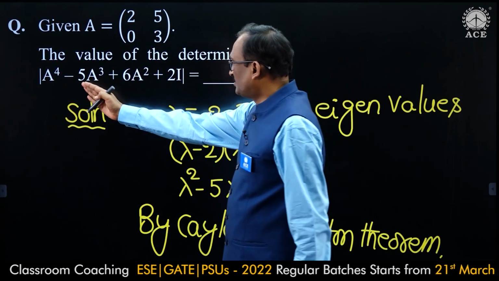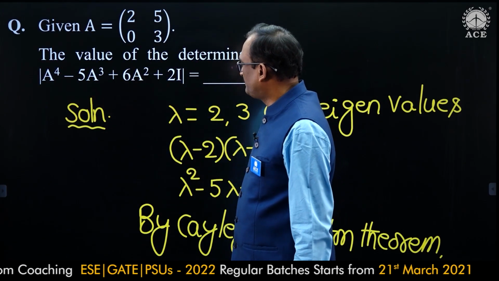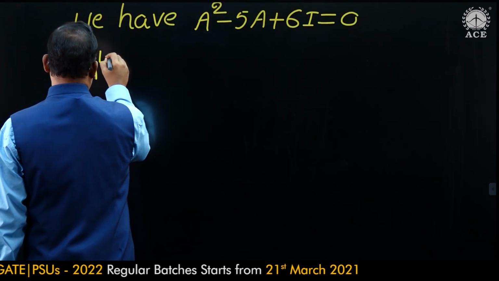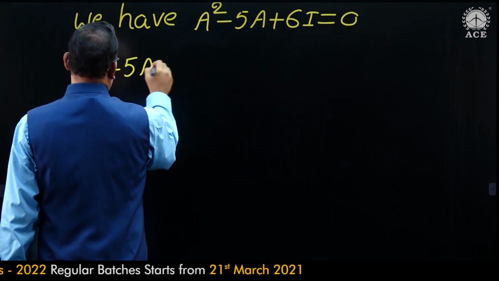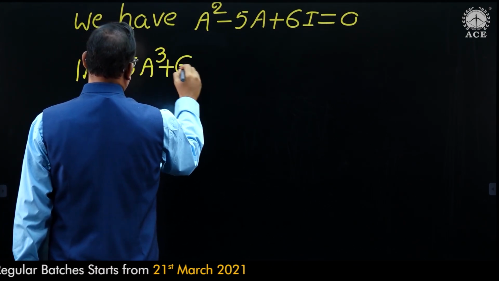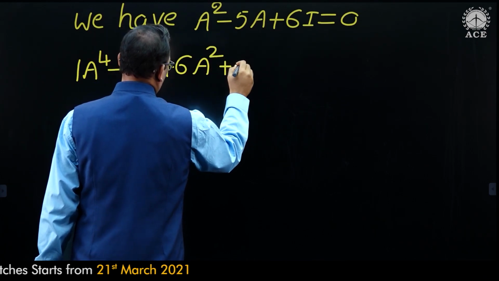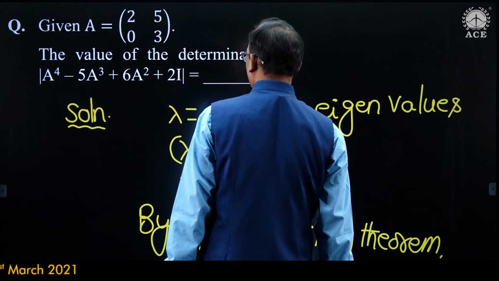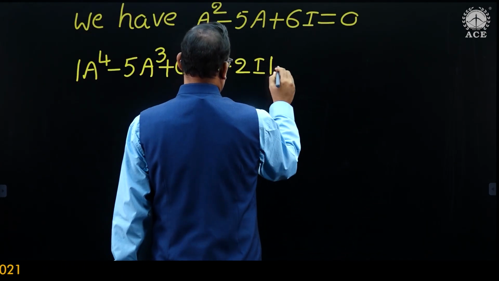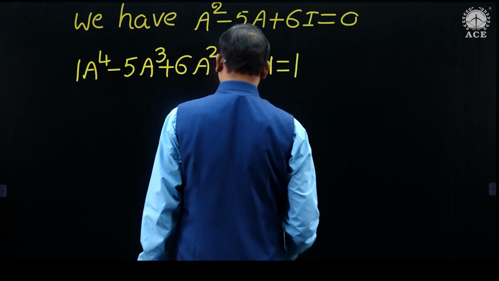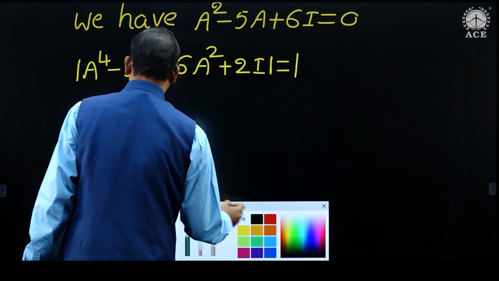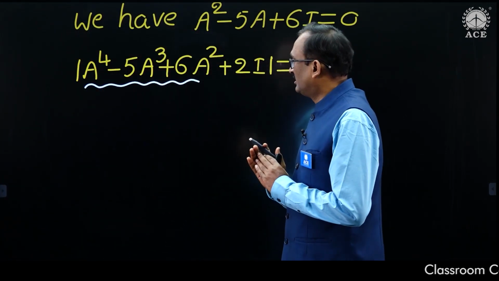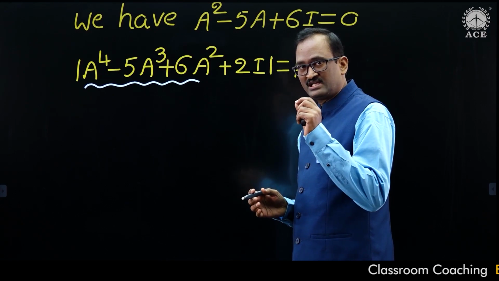Determinant of A to the power of 4 minus 5A cube plus 6A square plus 2I is equal to the determinant of, from these three terms, I want to take out A square as a common factor.